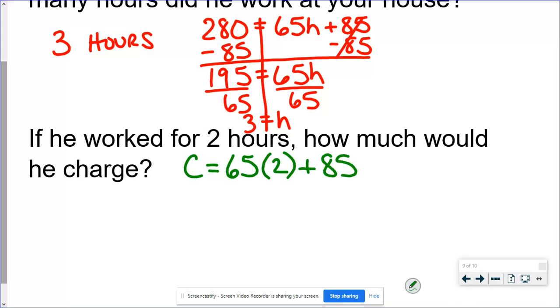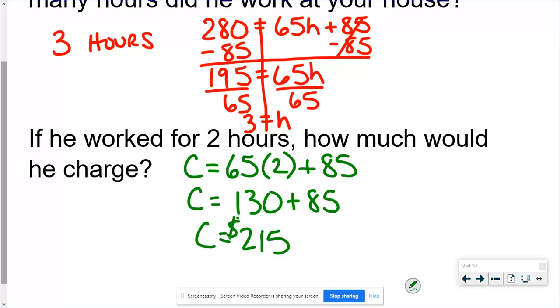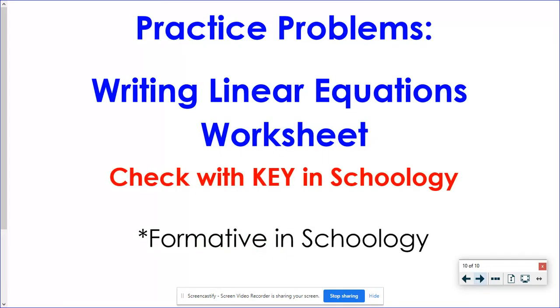So 65 times 2 is going to be 130 plus the 85 is going to be $215.